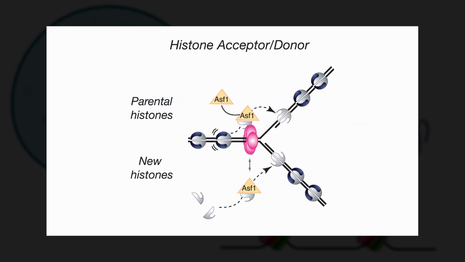Next is the anti-silencing function 1, or the ASF1, which handles the H3-H4 dimers, while nucleosome assembly protein 1, or the NAP1, manages H2A-H2B dimers.